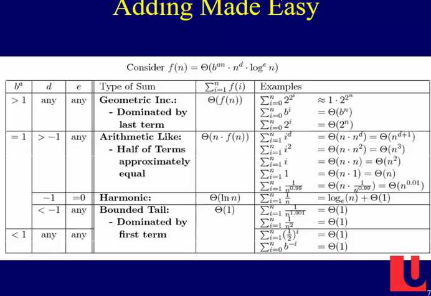Right, but that's just a constant. So the number of terms is either n over 2 or n, we don't care. And all the terms are n to the 4-ish, right? So that's what the sum is. Order n to the 5. Everybody got that?